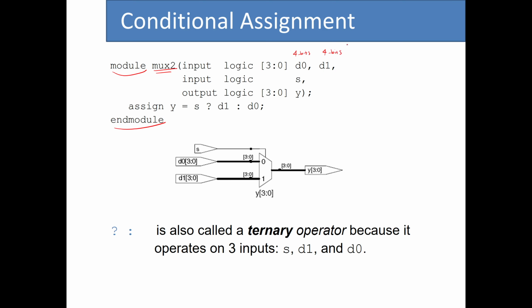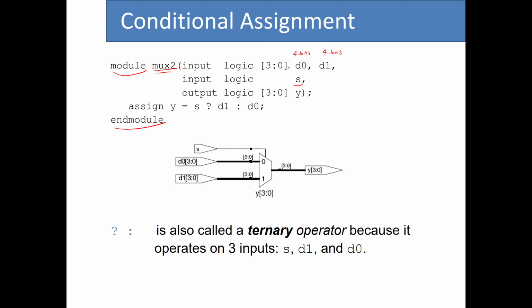So basically this is a 2-to-1 multiplexer that selects between two 4-bit inputs, not necessarily 1-bit inputs, but 4-bit inputs. We also have another input which is only 1 bit, so that's why we separated that from the regular inputs.